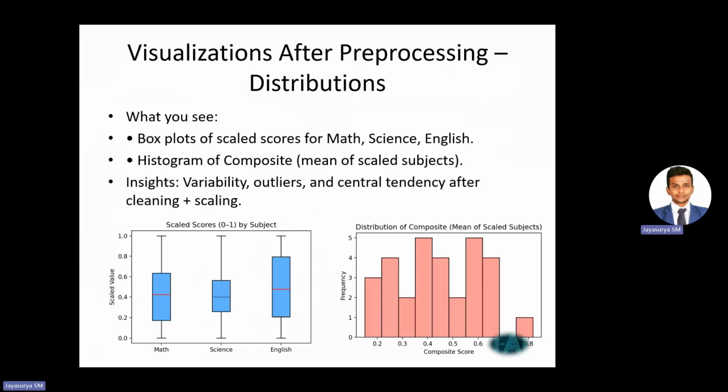The histogram displays the distribution of the composite scores, helping us to see whether the data set is skewed or balanced. Such visualizations are essential in understanding data quality and student performance patterns. They reveal trends that might not be obvious in raw numbers, guiding further analysis or academic interventions.